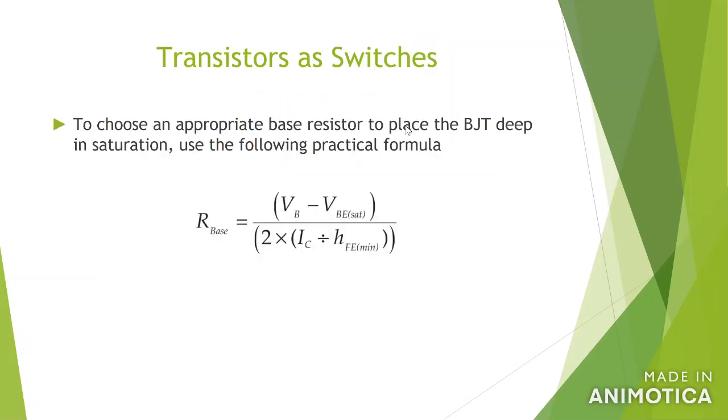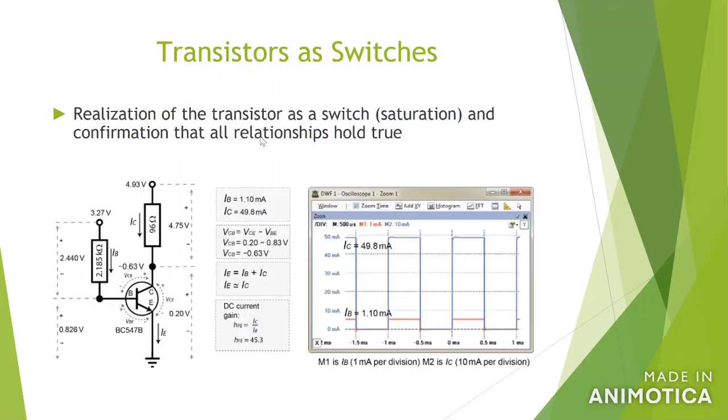Okay, so let's see by using a transistor as a switch. In this example, we can connect a resistor to the B leg, and we connect a resistor to the C leg.